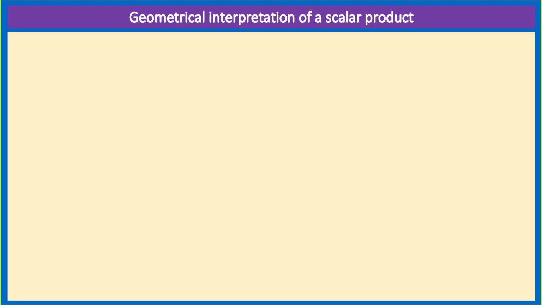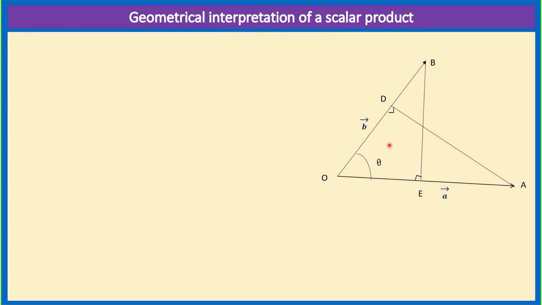Dear learners, in this chapter we are learning geometrical interpretation of a scalar product. Now look at the picture and let vector OA is equal to A and vector OB is equal to B and theta be the angle between them.